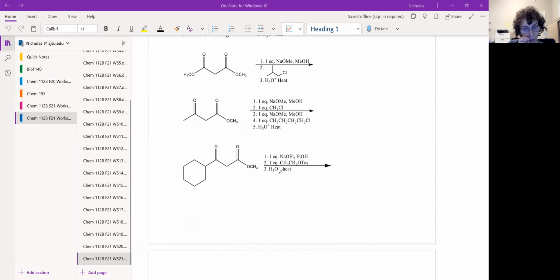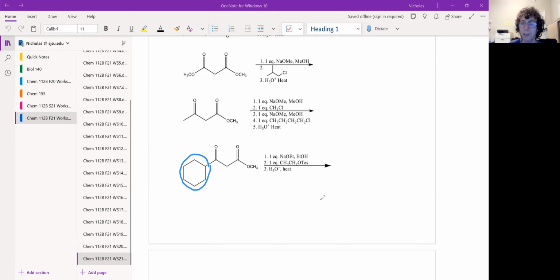And the last one on this page, this is different from the other ones because it doesn't have that small structure with just the carbonyls and nothing else attached. If you look at this that I have circled and you compare it to the previous one, it looks somewhat similar because we have a ketone and an ester beta to each other, except this one on the bottom isn't a methyl group, it's a whole larger structure.